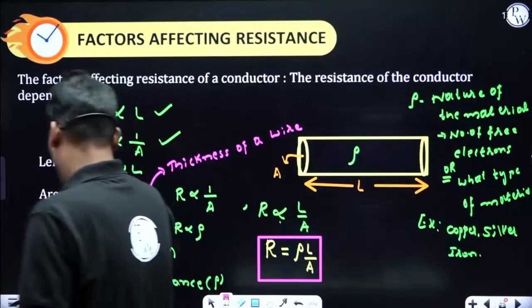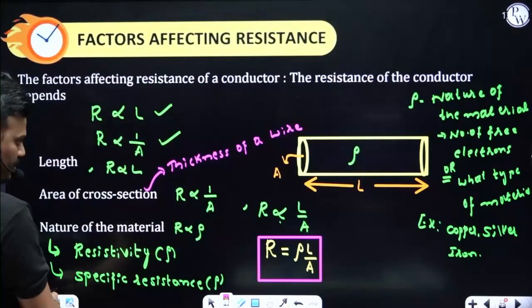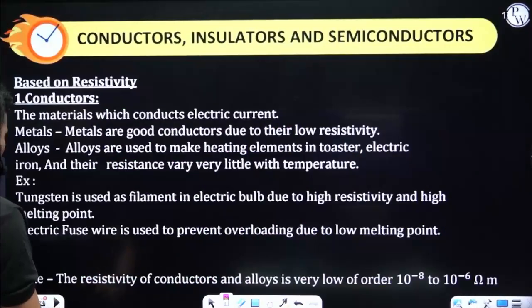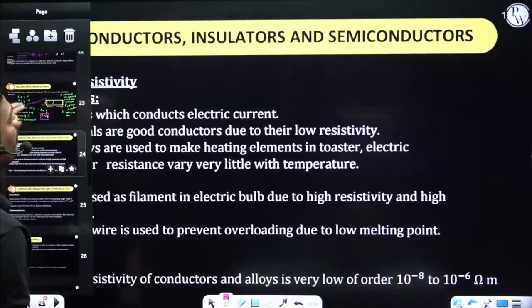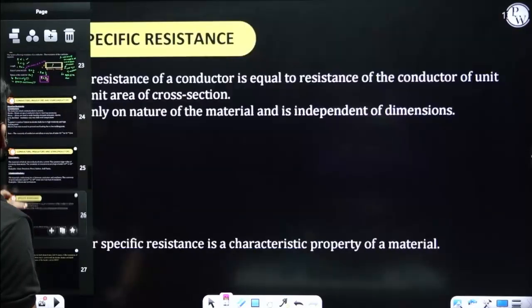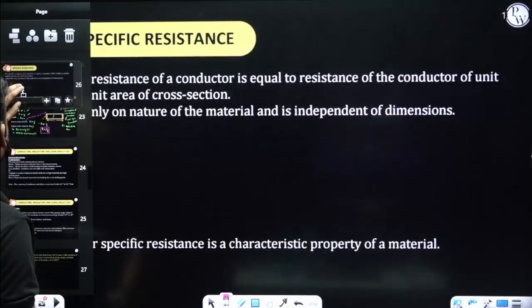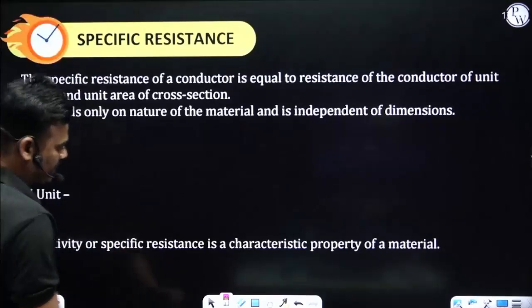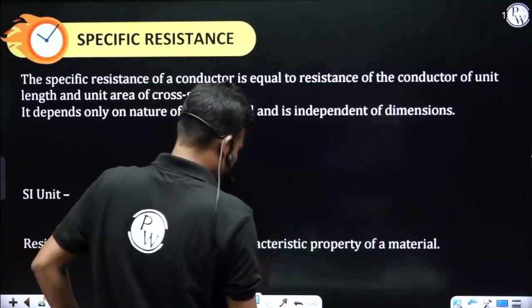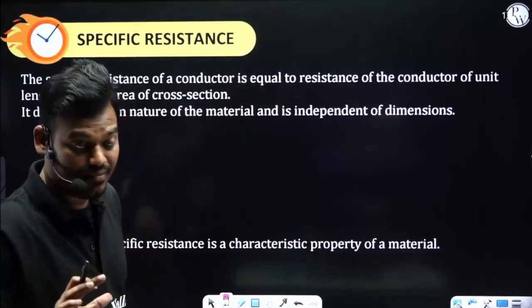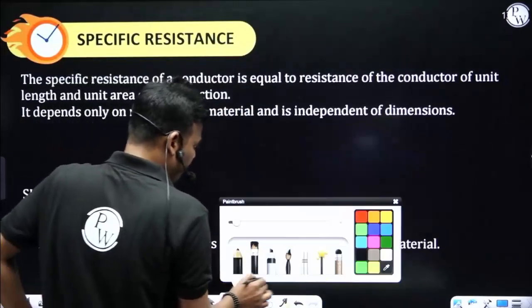Right. Now the resistance formula is also done. Next one. Before conductors and insulators, I have one more concept, specific resistance, which I told you is the nature of the material. So how do we define it?